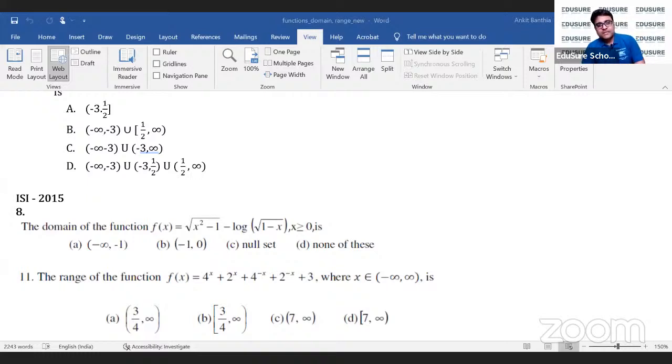Please take a look at this particular question right now and tell me what is the answer that you're getting. ISI 2015 question number 11.